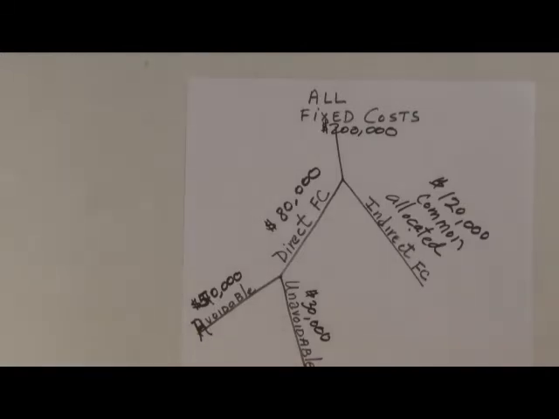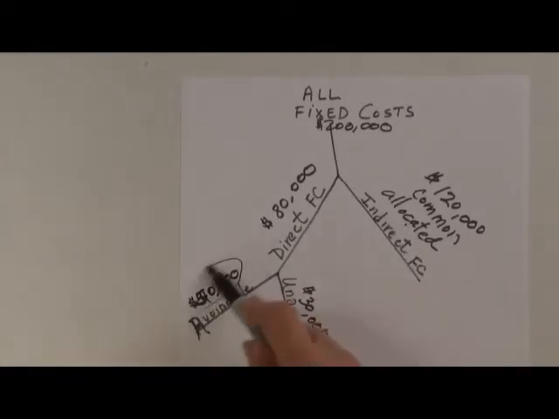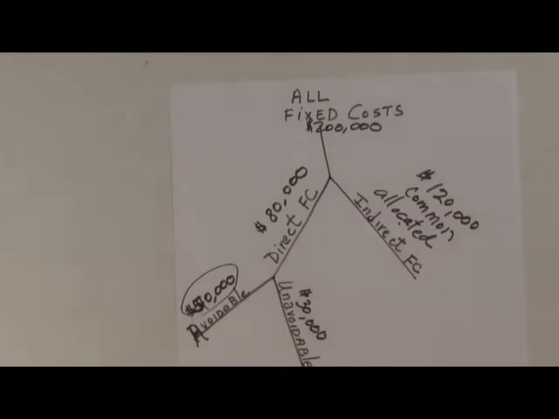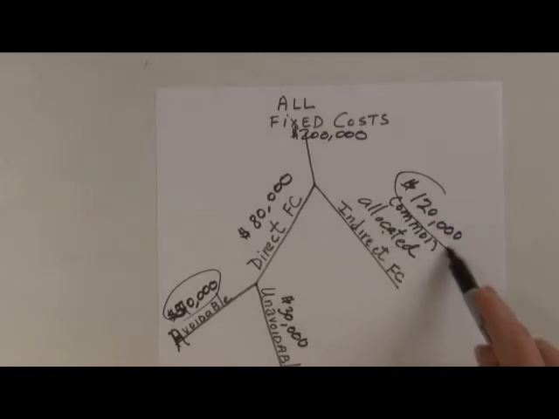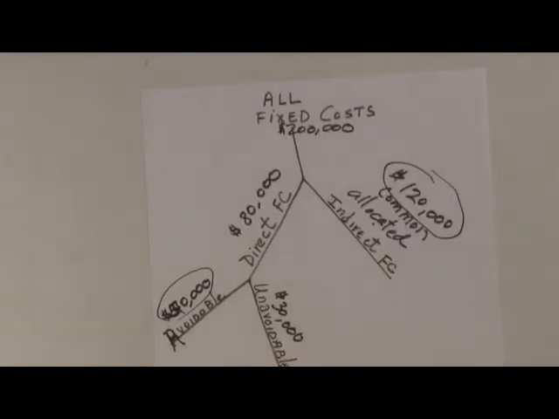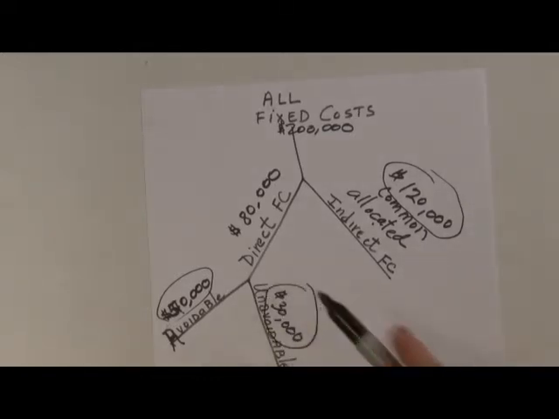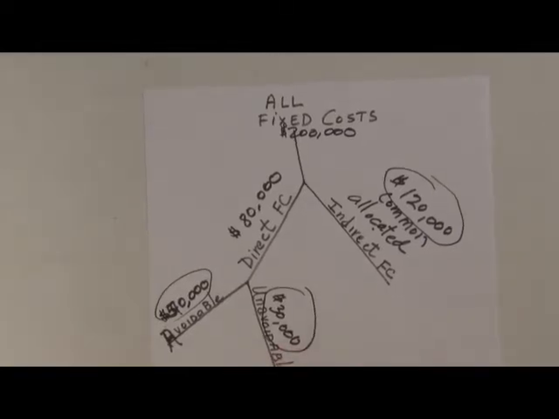Now, if you look at this, what's going to happen is out of $200,000 of fixed cost, only $50,000 is going to go away if we close the department. What will happen is the $120,000 that's been allocated will get distributed to the remaining departments. And the $30,000 here will also end up on the back of another department, because remember, this is a supervisor who's going to be reassigned.